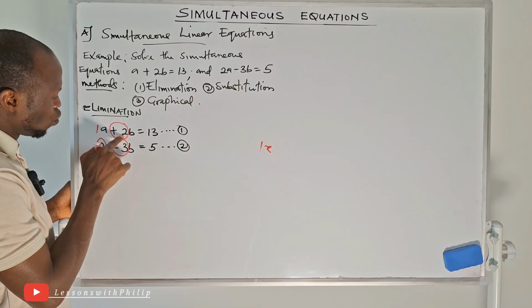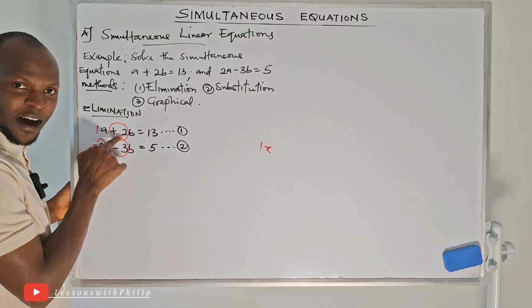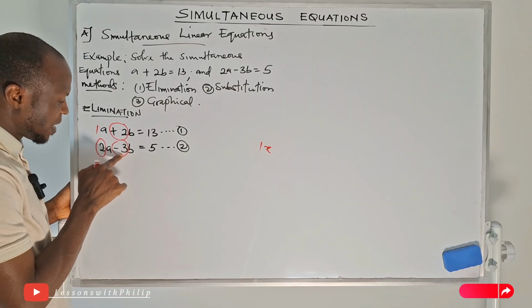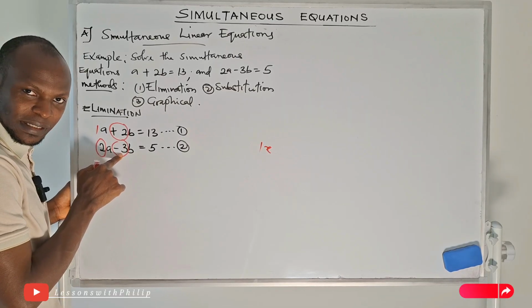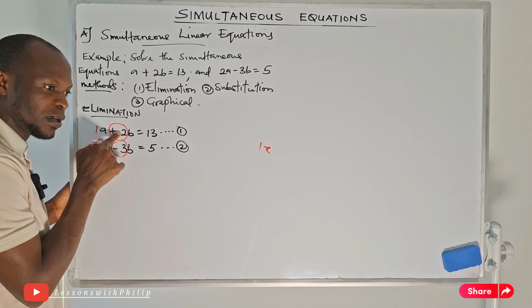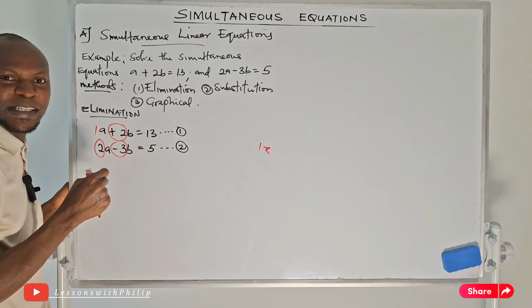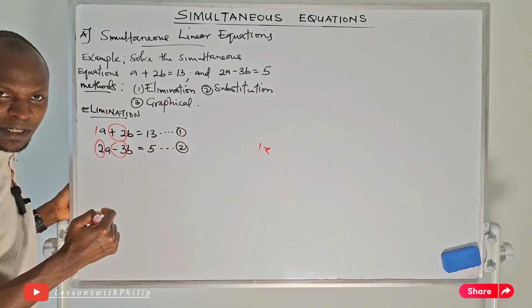Or I multiply this 2 by 3 and I multiply this one by 2. If I multiply this one by 3, we have plus 6. If I multiply this one by 2, we have minus 6. So we have 6, 6. So the coefficient is similar, so I can eliminate them.